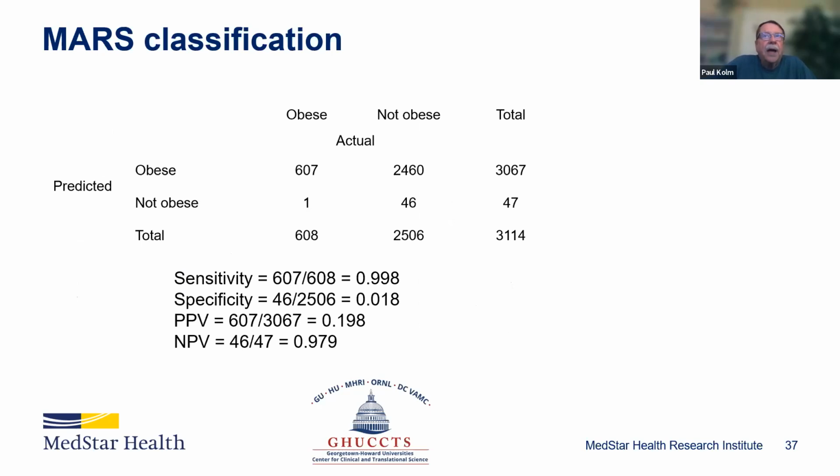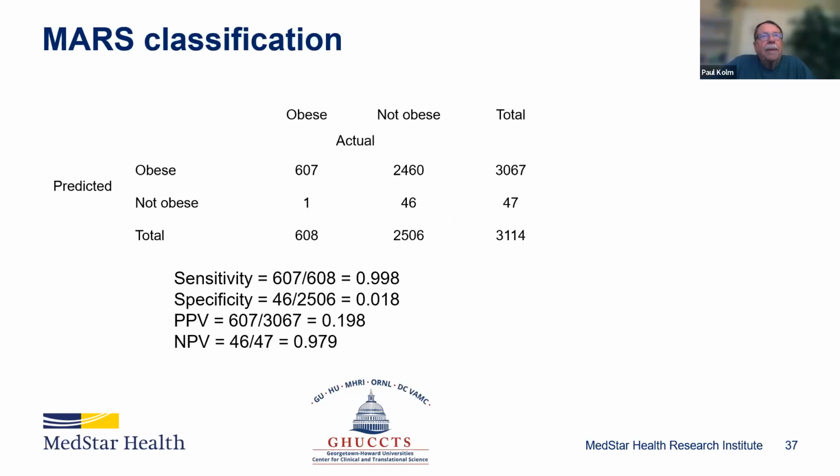In other words, out of our 3,608 who were actually obese, our MARS model is saying that most are, a sensitivity of nearly 1. On the other hand, its specificity is not so great, and neither is the positive predictive value. It has a really great negative predictive value.